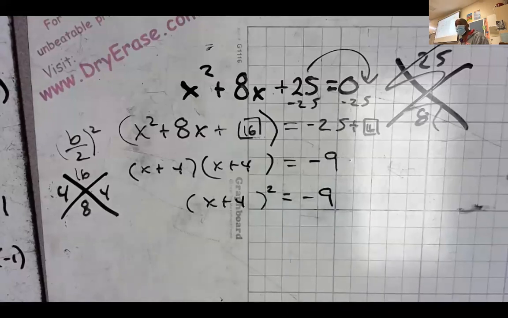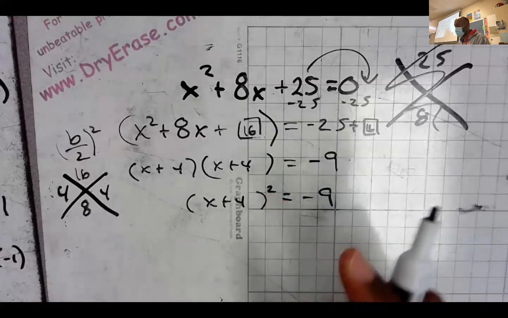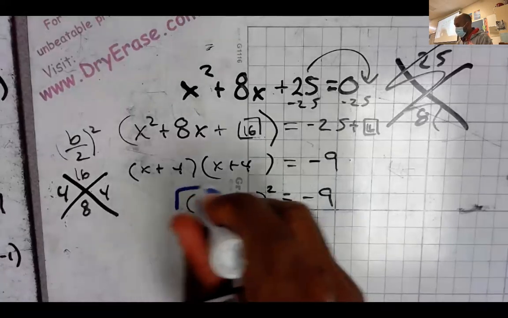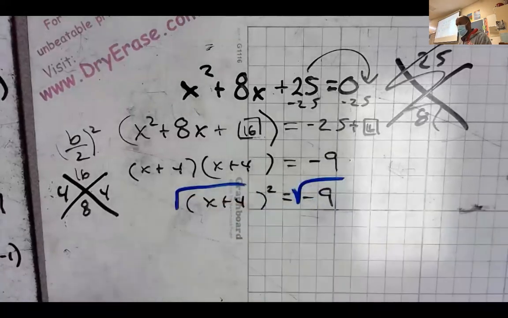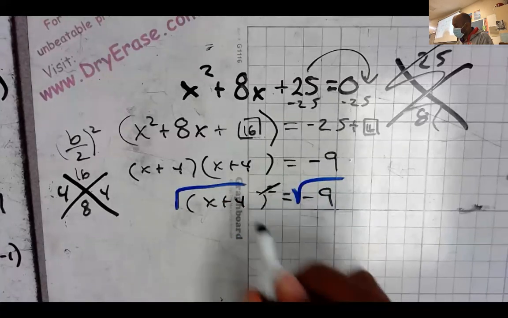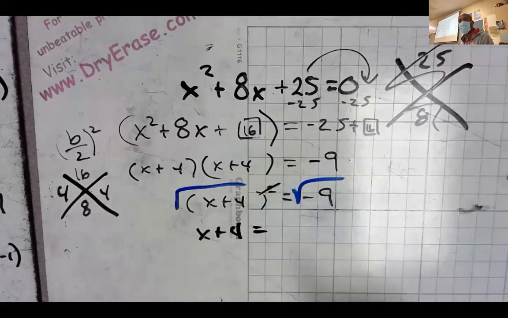Now to solve this when I have a square, I square root both sides. Okay, and if you remember, this cancels and I have just x plus 4 now.